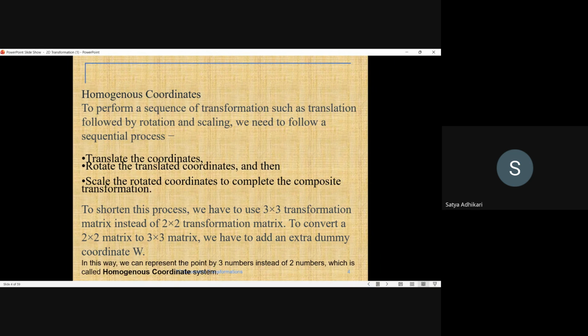Basically, a point is defined by 2 numbers, x axis and y axis, but we can represent it in 3 numbers, which is called homogeneous coordinate. We have an example in the next slides, when we discuss composite transformation. Just remember that this is the homogeneous coordinate.